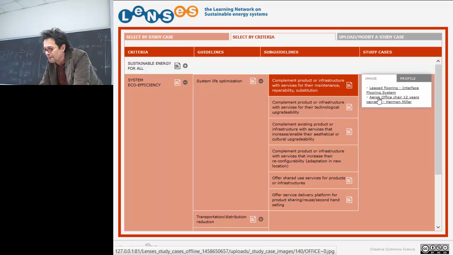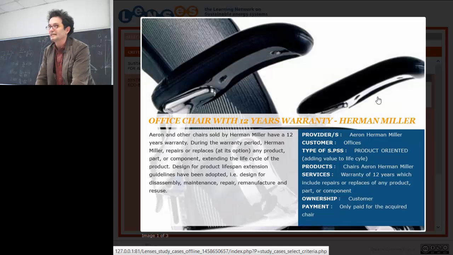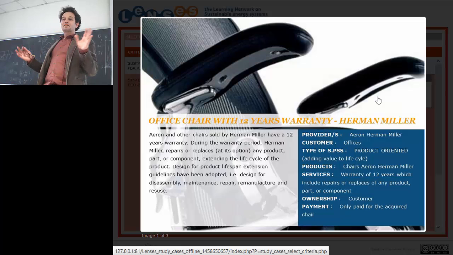I show you, this is already an example that we presented at the beginning of the course as a good example compared to the cardboard chair. You remember? And you remember how this was made? What they say? Herman Miller said, okay, I'm going to sell the chair, but I give you a warranty of 12 years.